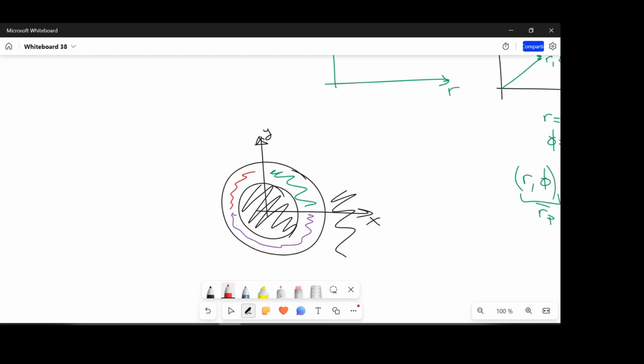Now I will make my axes: phi and R. Phi goes from 0 to 360. And R, say that my maximum here is 1. So I have that. It's 1. I could have the radii here.